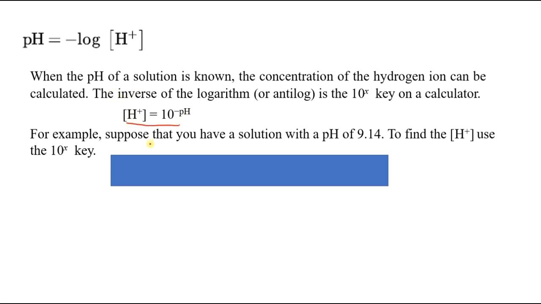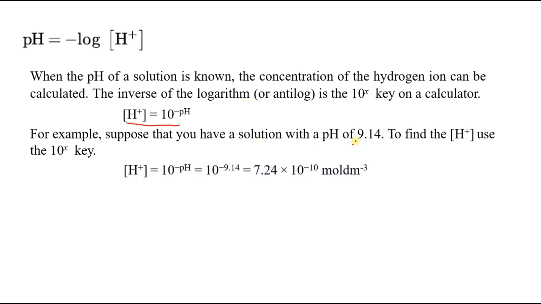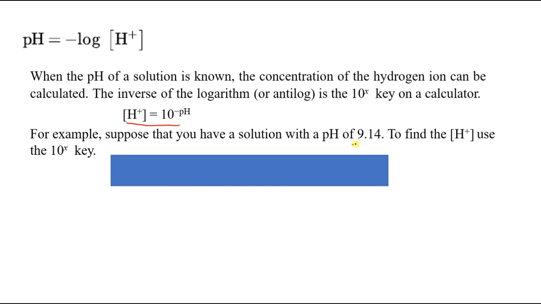From the pH you can also calculate the concentration of H plus ions. Let's have a look at this. Say for example you have a pH of 9.14, and we want to find the H plus ion concentration. All you have to do is 10 to the power minus 9.14.